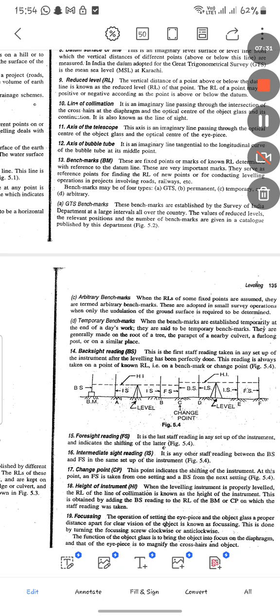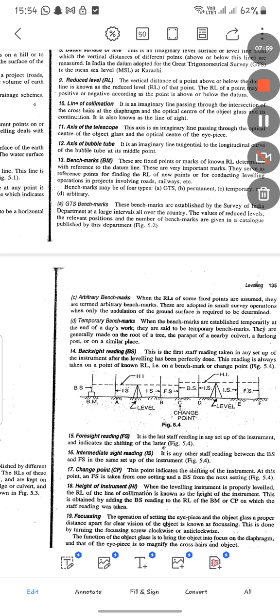We have type A, the GTS benchmarks. We have the permanent benchmarks. We have temporary benchmarks. And lastly, arbitrary benchmarks. GTS benchmarks are established by the Survey of India Department at large intervals all over the country.